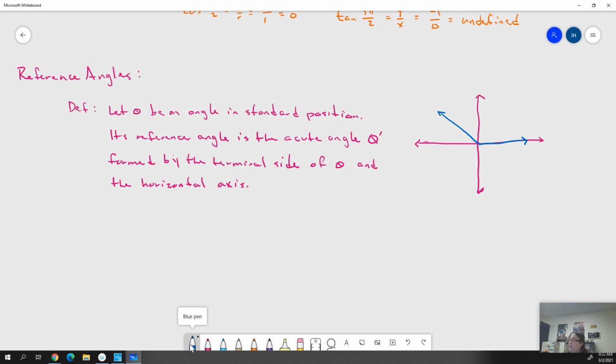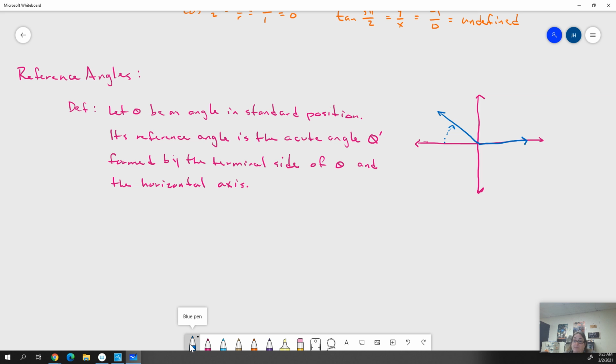And so that's a regular angle, right? And they're saying that the reference angle is the acute angle theta prime formed by the terminal side, this is the terminal side, and the horizontal axis. So this angle from this line to here is our reference angle, right?